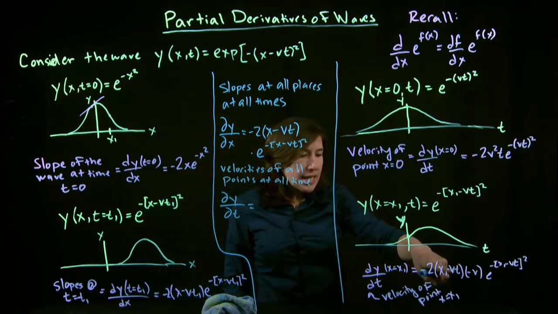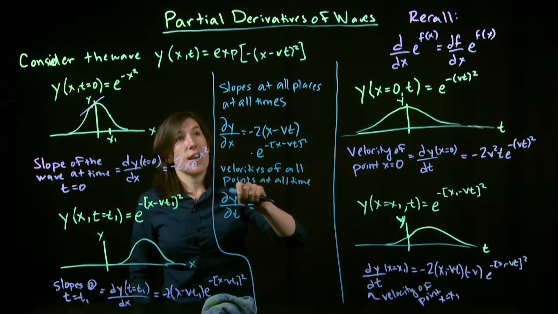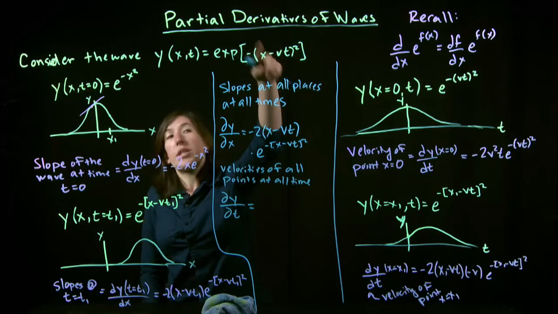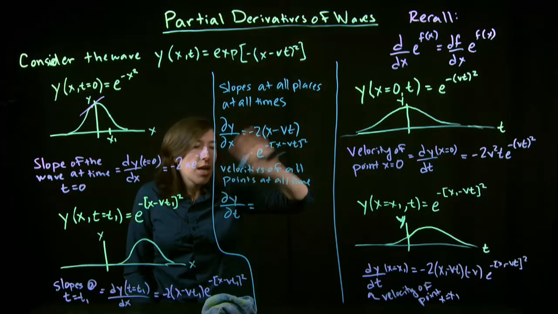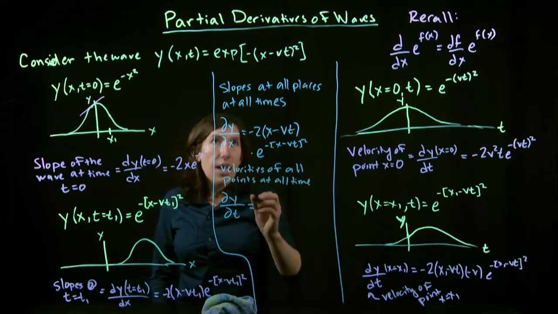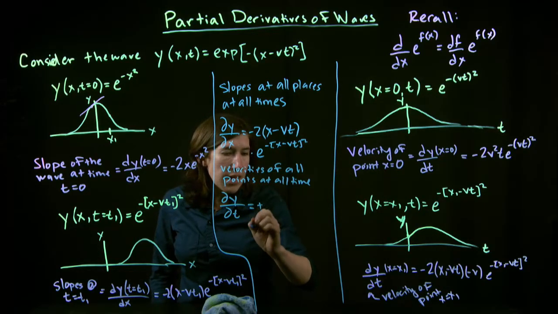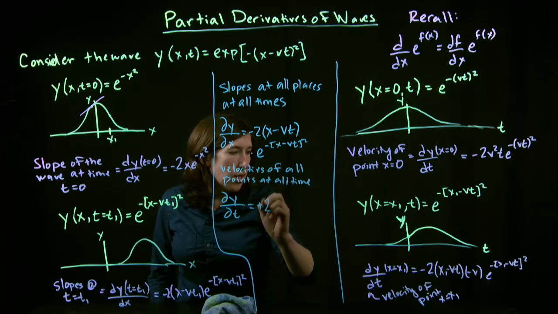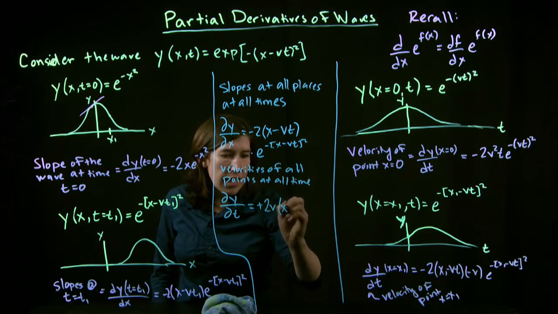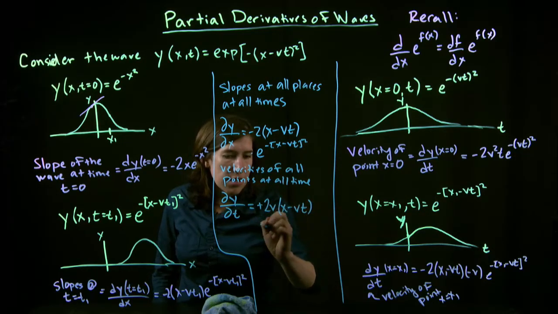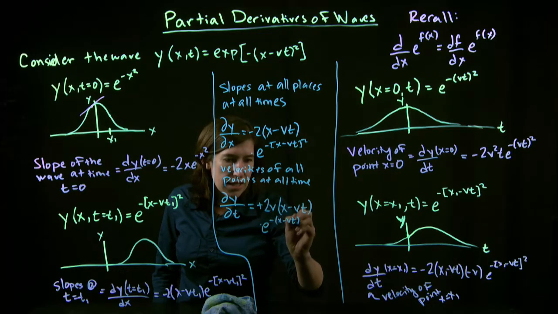So we're varying t, but now we're going to keep x constant. So here we're going to pretend, we're going to leave x as x, but pretend that it's a constant. And what we'll see is that we get, actually, we end up with a plus 2v (x minus vt) times e to the minus (x minus vt) squared.